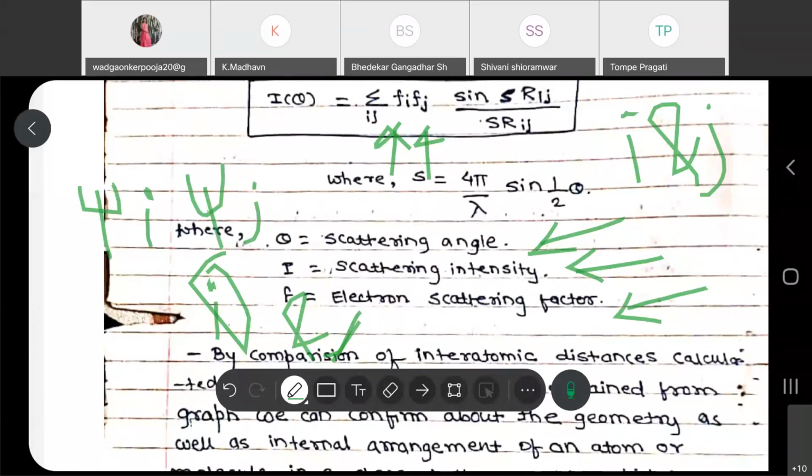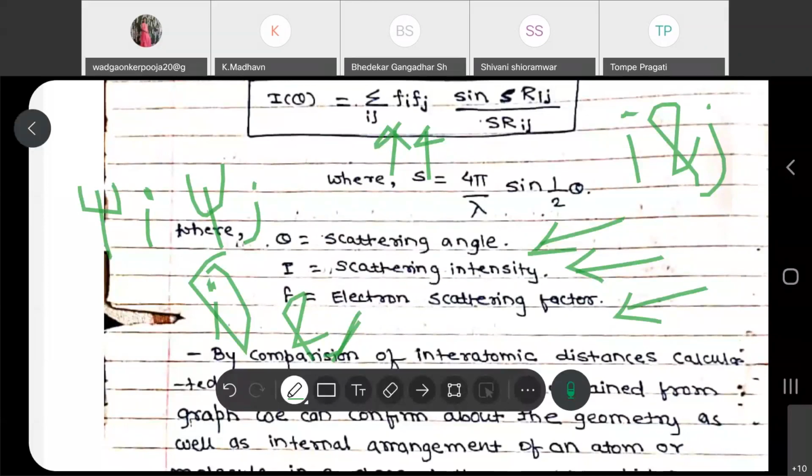As Kondar ma'am has already told you, these psi I and psi j are nothing but the wave functions. These are two different wave functions, and they give you information regarding your atoms.